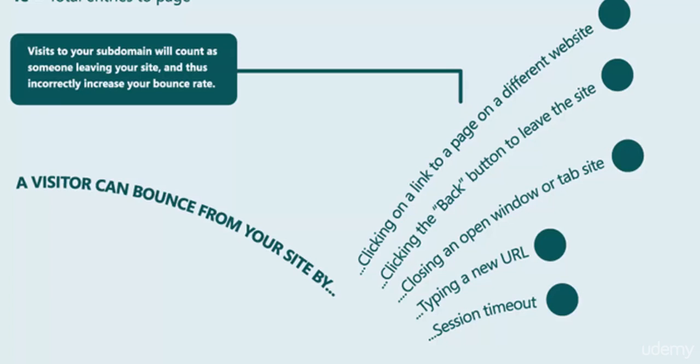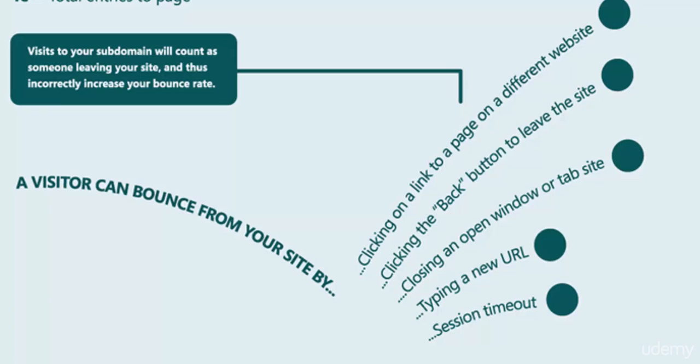Even if he clicks the back button to leave the site to Google search page again, then also he is considered as bounced back. If he closes the window or tab of your website or even the browser altogether, or if he types a new URL from the page of your site, or if the session times out, then in these situations, the visitor is considered as bounced back.